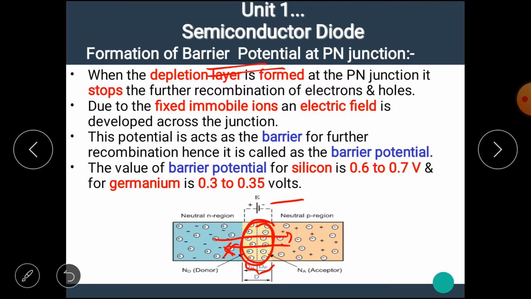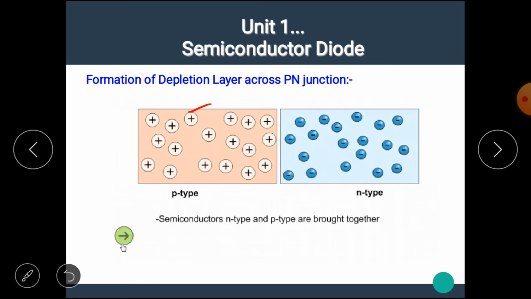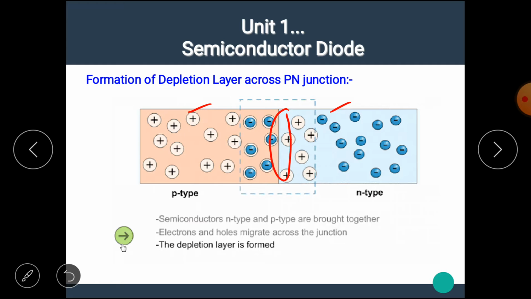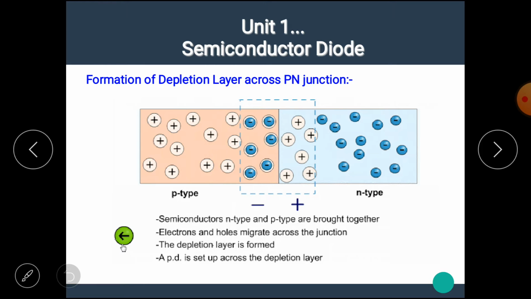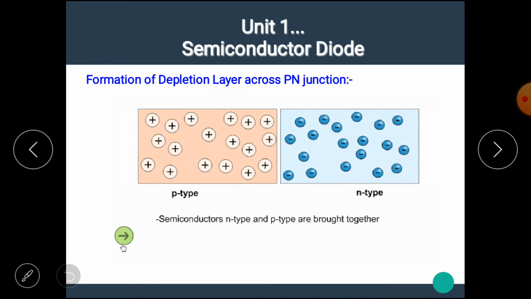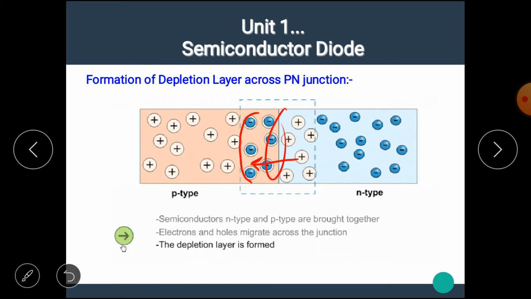Now let's summarize our lecture in short. When the p-type material and n-type material are joined together, a p-n junction is formed. What happens after the p-n junction is formed? Some electrons cross the junction and become immobile.